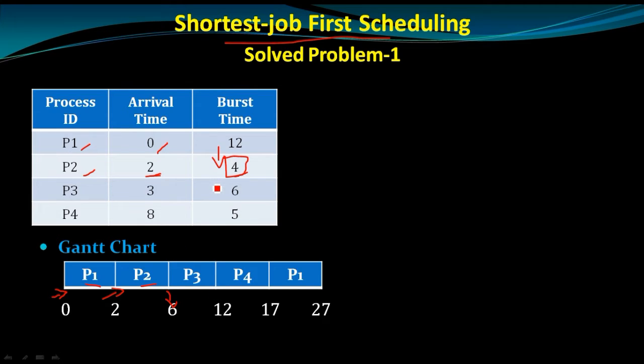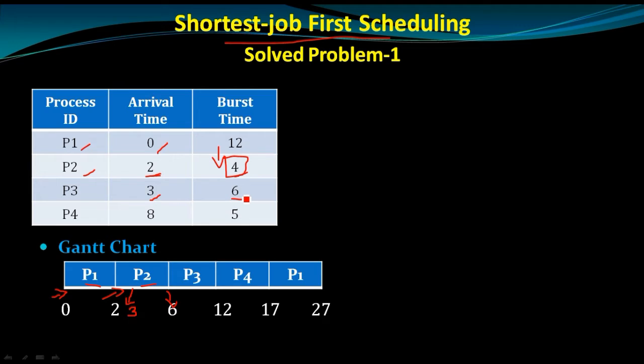During the execution of P2, one more process is arriving at 3 millisecond. So at the third millisecond, process P3 arrives and it has 6 millisecond of CPU burst time.